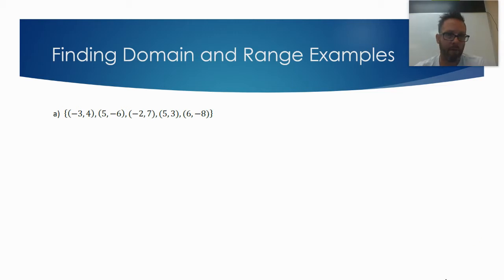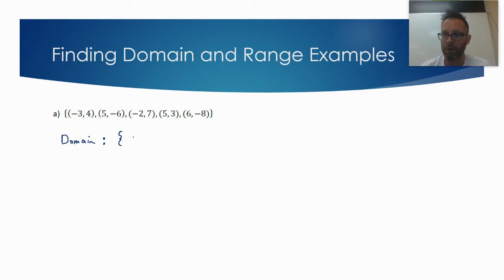So let's talk first about the domain. In situations like this, where you're actually just given the points, the domain is really easy to write out. When we're describing the domain, it's often a set of numbers. And when we're describing a set of numbers, we use special brackets. We use these curly brackets. Now, being a math teacher, I have lots of experience making curly brackets.